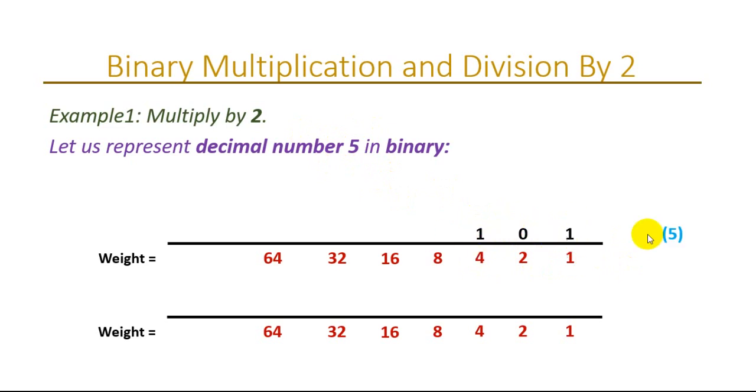So this is the number 5. I have written it in decimal just to show you. Now how do we multiply this by 2 to get the result as 10? To multiply by 2, what you have to do is add a 0 to the end of this. So now we have 101, add a 0 to the end.